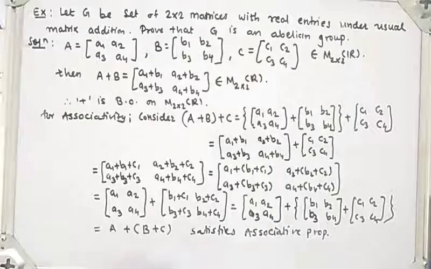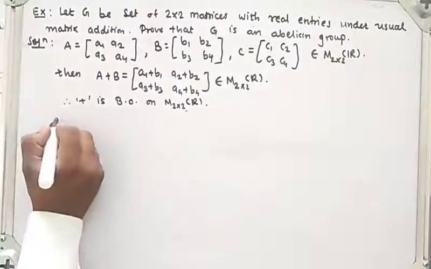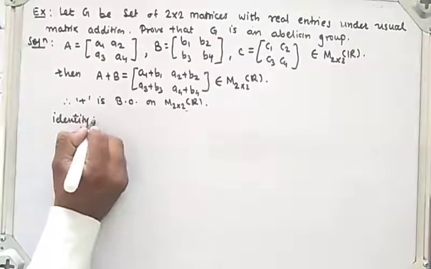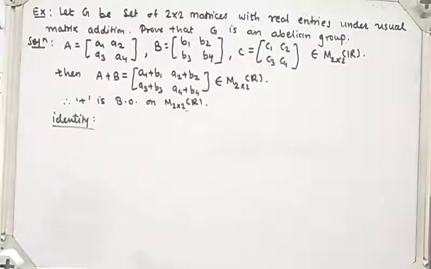Now let's check the existence of the identity element. So next is identity element. What is the property for identity?